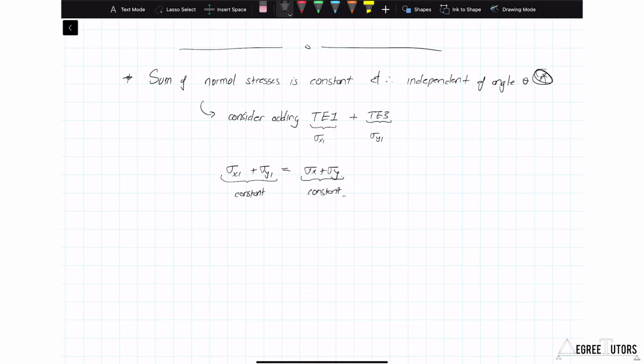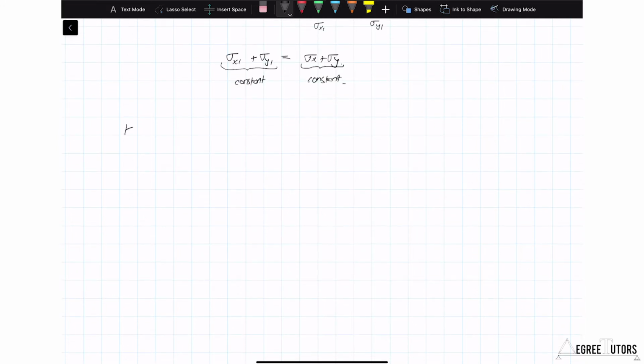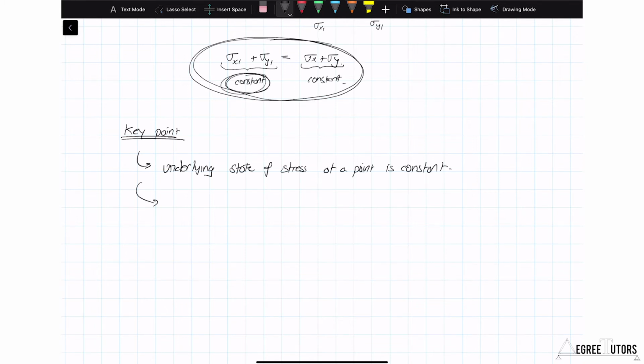So let's just get a couple of notes down here, and I'll sketch out what I'm talking about. The underlying state of stress at a point is constant. And that's what we're hinting at here with this statement. When we're rotating our axes, when we're rotating our planes, all we're doing is considering a different set of orthogonal components of a constant magnitude stress.